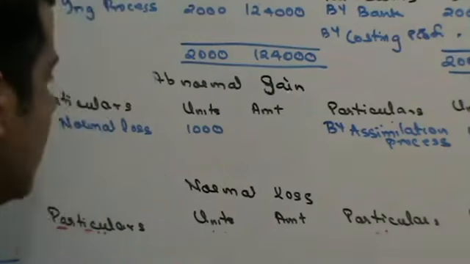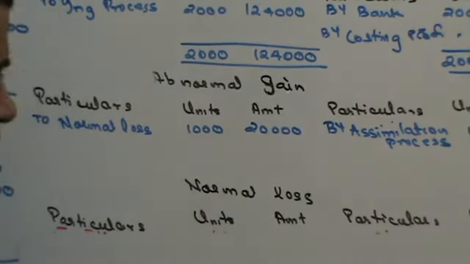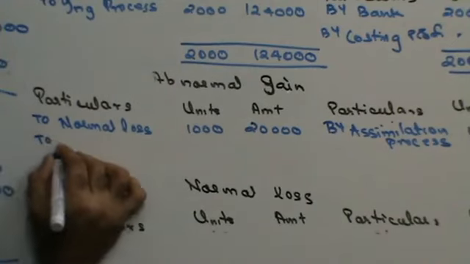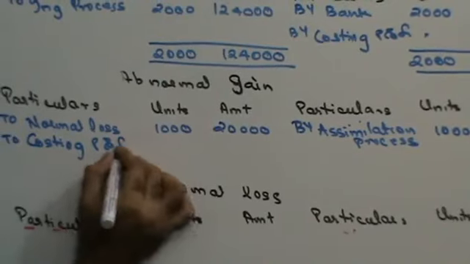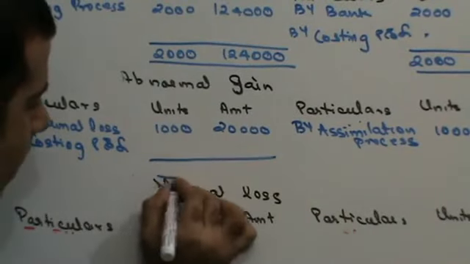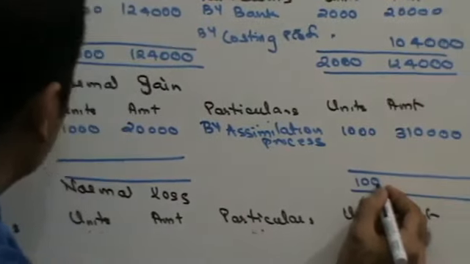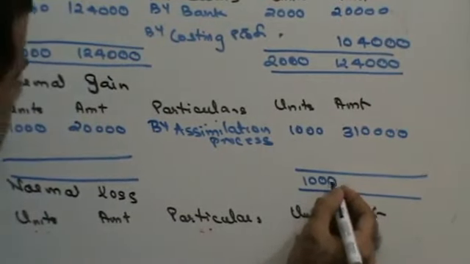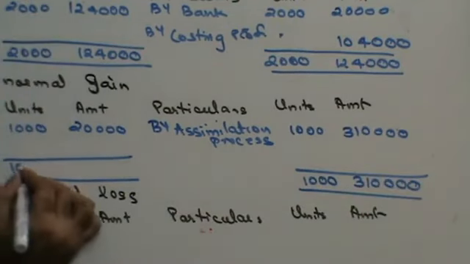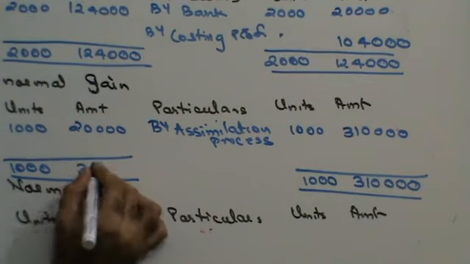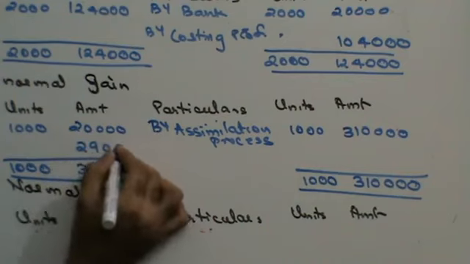Scrap value is 20. That's 20,000. This difference will be called as to costing P&L. This is 1,000 and 3,10,000. So this is going to be 2,90,000.